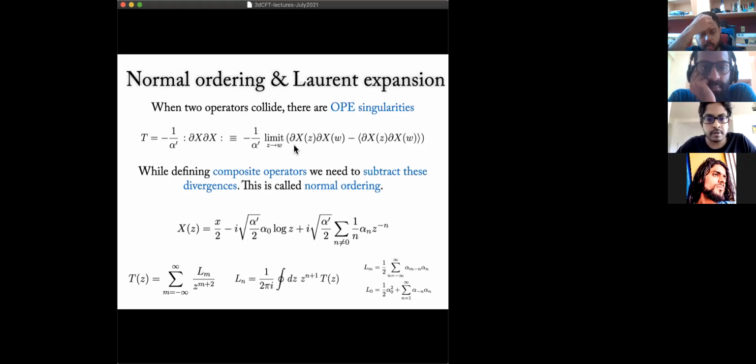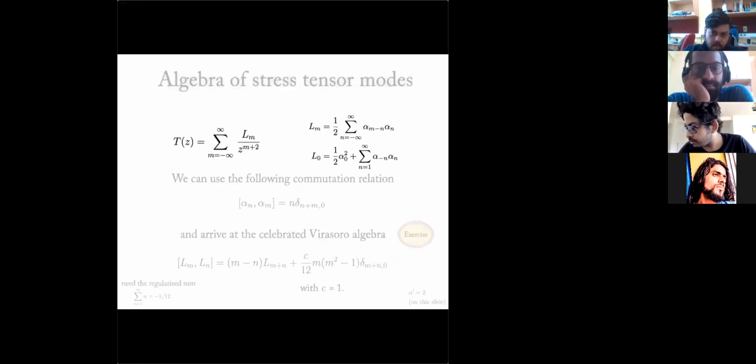So the way it works is as follows. You take your currents, so this del X is J and another del X is another current, and you subtract out the divergent part.